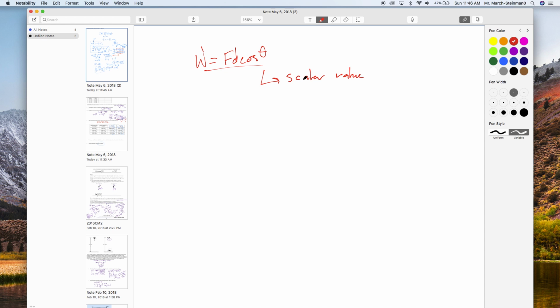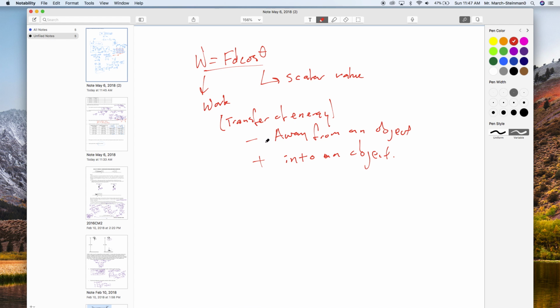Although if we have negative work, it means the definition of work in general is that work can be thought of as a transfer of energy, and a negative value can be thought of as a way from an object, and a positive value can be thought of as into an object.